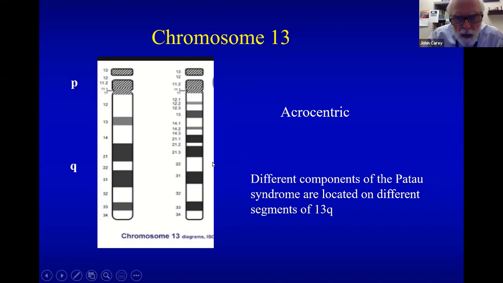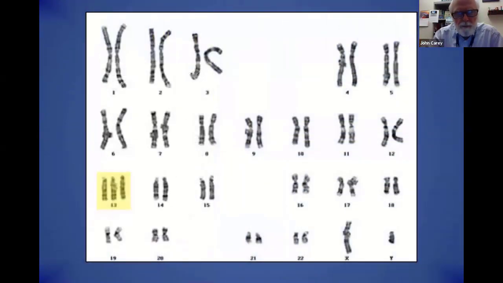Well, if there's trisomy for the bottom half of the 13, the child has a lot of what we know in the Patau syndrome, that is the extra digits of the pinky side of the hands and foot, and also the orofacial cleft. So children with partial trisomy 13 of the bottom half resemble and overlap a classical Patau syndrome more than those who have trisomy of the top half. Again, that could be a whole other talk, but important to note.